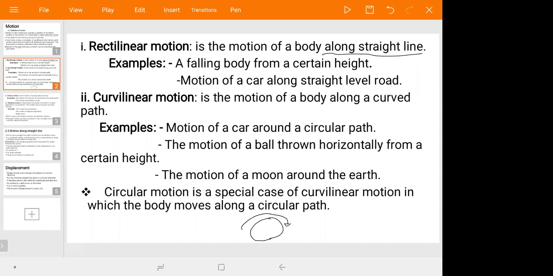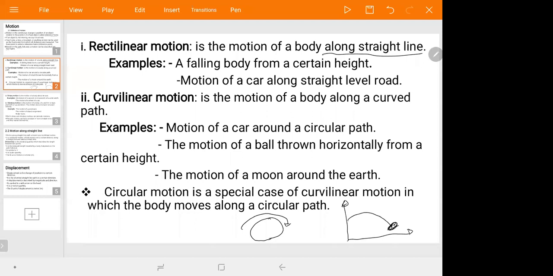Motion of a ball thrown horizontally from certain heights. For example, if you throw a ball from a certain height, this seems like projectile motion, which you will see in a higher class. If you throw a ball from a certain height, the ball makes a curvilinear motion.